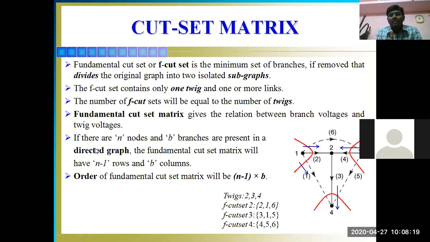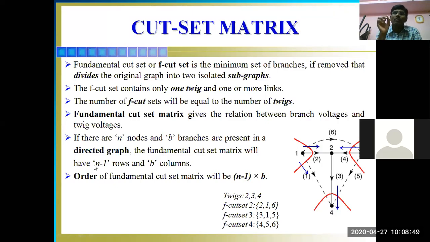If a cut set consists of only one twig, then it is called a fundamental cut set. Whereas a fundamental tie-set must consist of only one link, and a fundamental cut set consists of only one twig. Therefore, the number of fundamental cut sets is equal to the number of twigs.